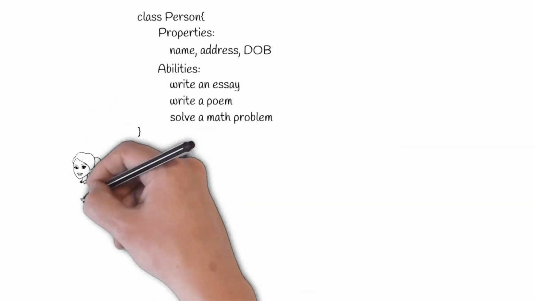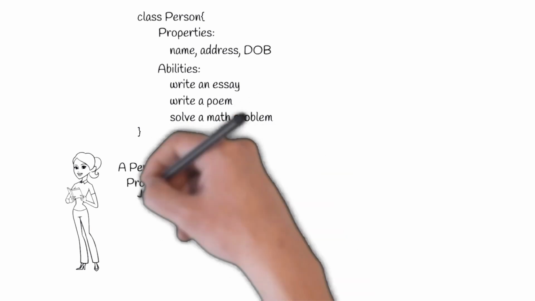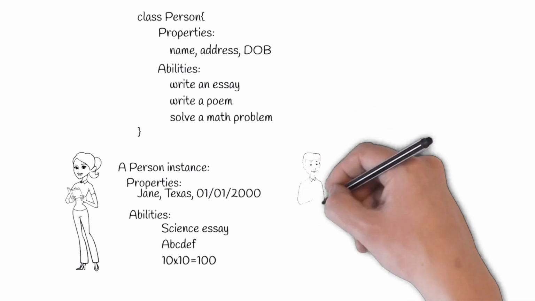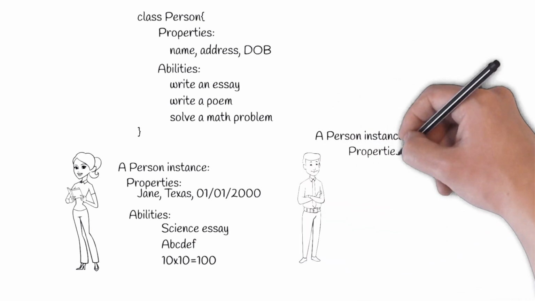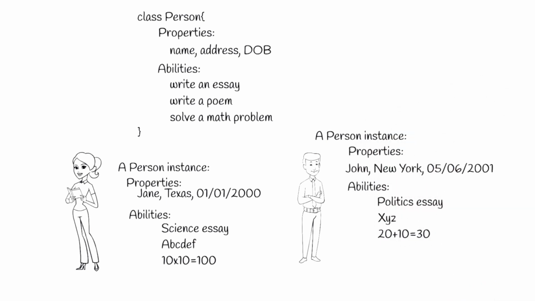Another person may have different values of the properties. For example, the other person might have a different name, a different address, and a different date of birth. The other person might write a different essay, write different poems, solve math problems, and many more.